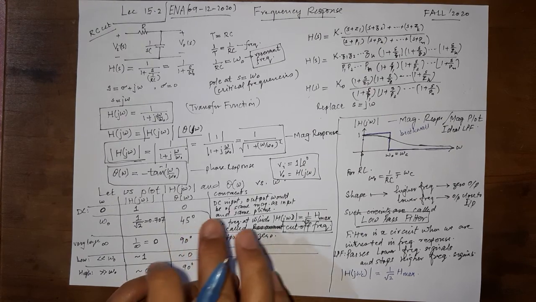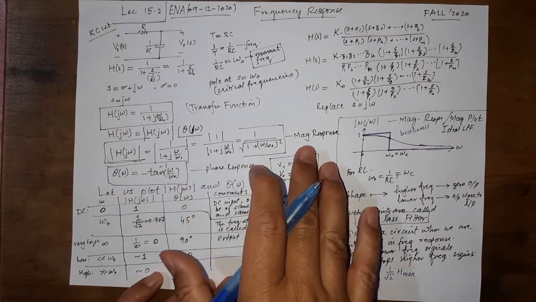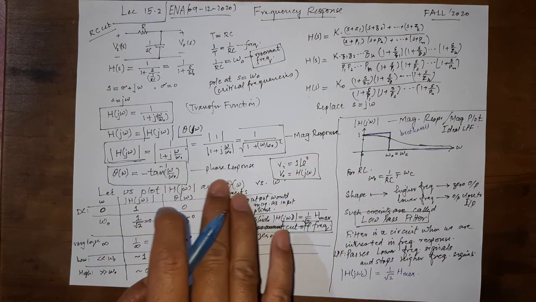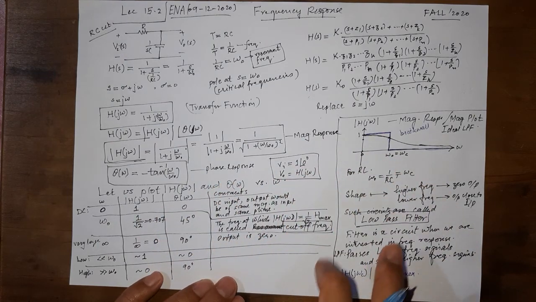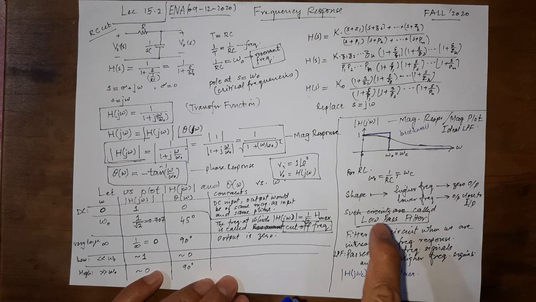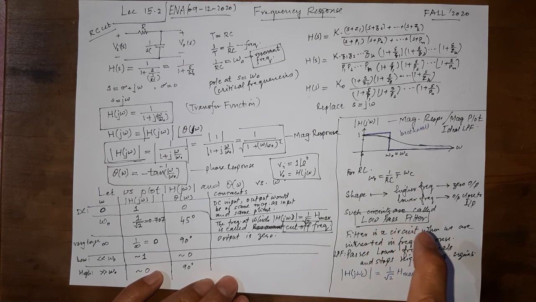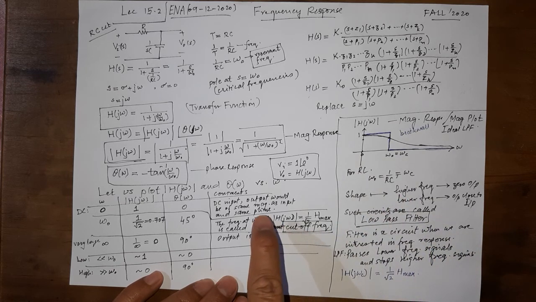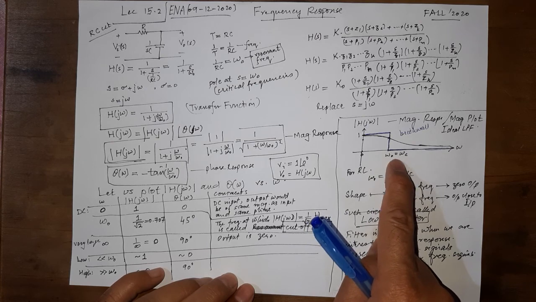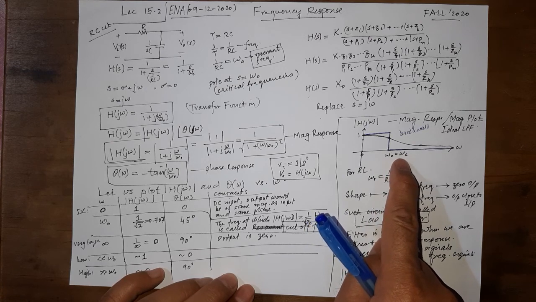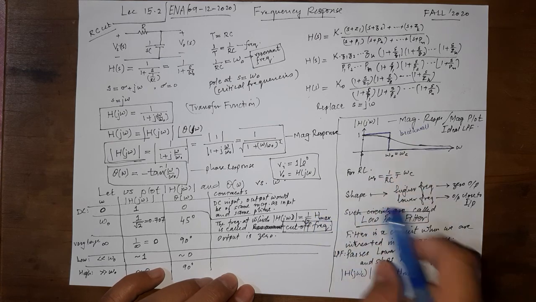And we will look at the frequency response as the magnitude response and the phase response, and we should be able to draw them and remember all these terms and be able to find the various attributes of a filter. For example, we have seen for a low pass filter, this is a very important parameter of the filter, the cutoff frequency.